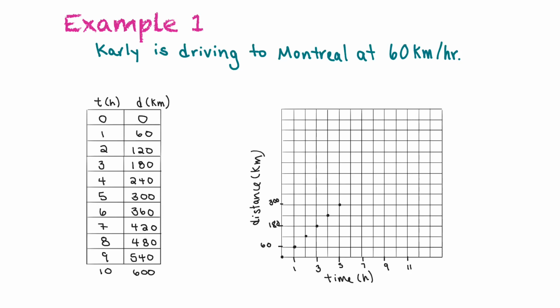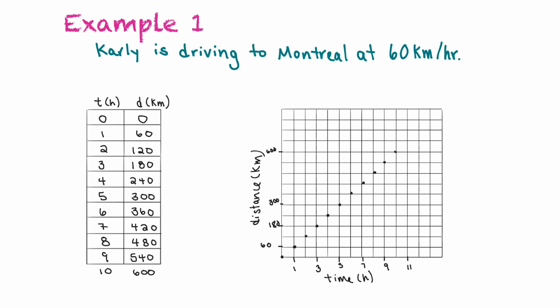After 6, she's gone 360. After 7, she's gone 420. After 8, she's gone 480. After 9, she's gone 540. And finally, after 10, she's gone 600. So if we had labeled that whole thing there.